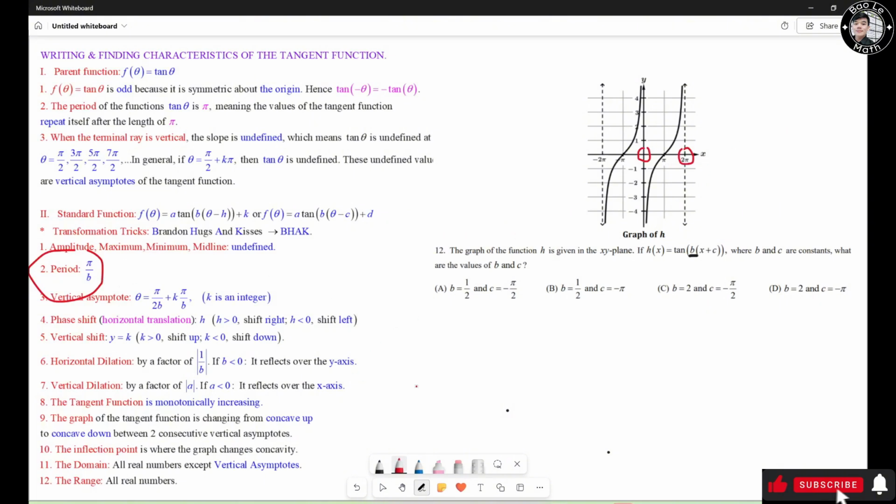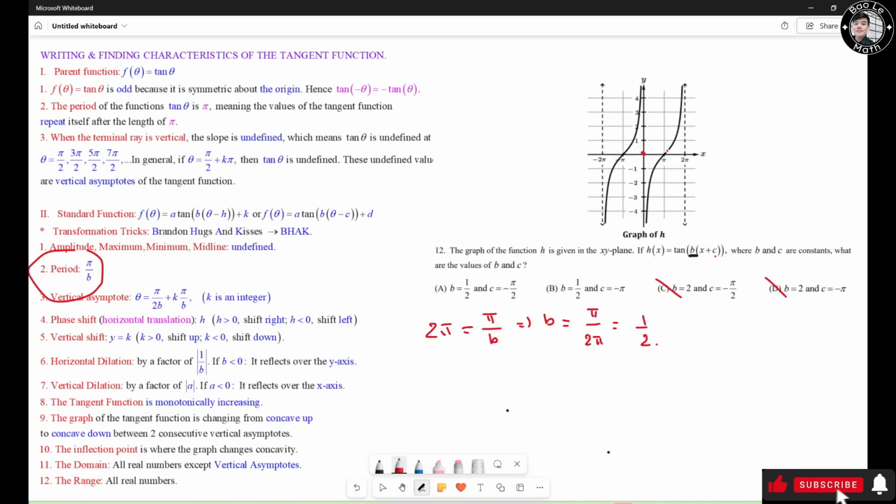Now we use this formula. We have 2 pi equals pi over b, and then b equals pi divided by 2 pi, so it's going to be 1/2. And then we need to eliminate c and d. Remember that the inflection point of the tangent function is always at the origin.